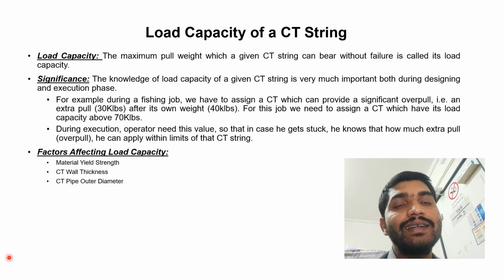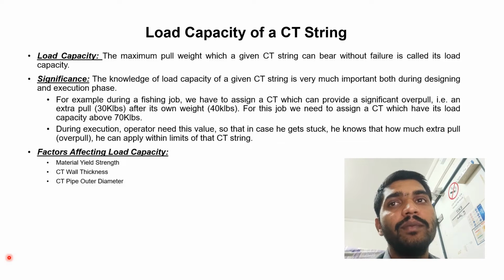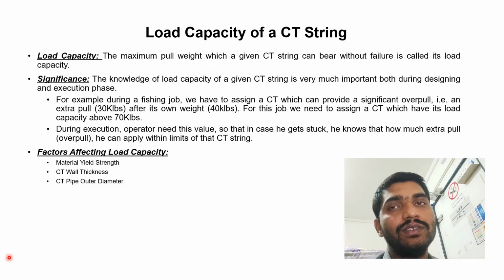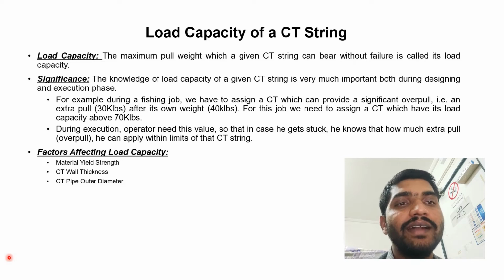So all these three factors have a direct relation: the higher the yield strength, the higher the pulling capacity; the higher the wall thickness, the higher the pulling capacity; the higher the outer diameter, the higher the pulling capacity. So these three factors have a direct relation with the load capacity or the pulling capacity of a coil tubing string.